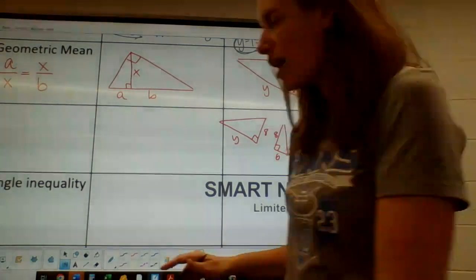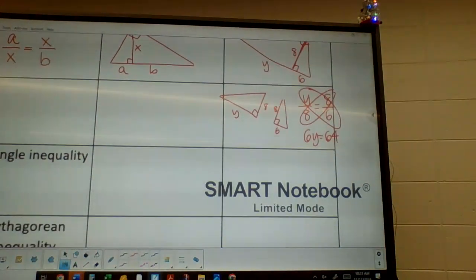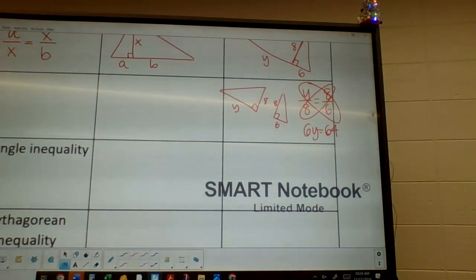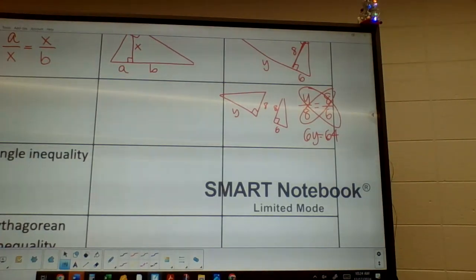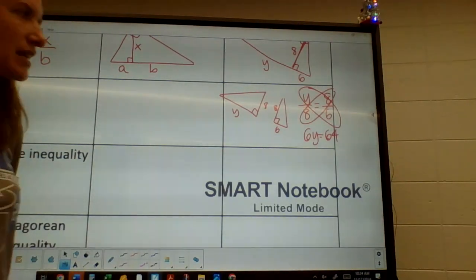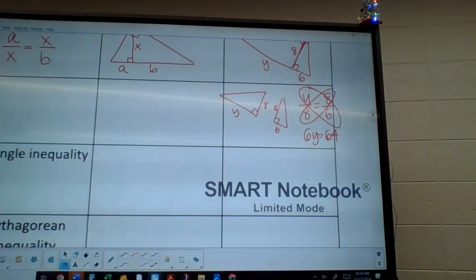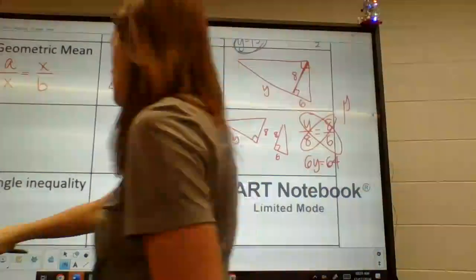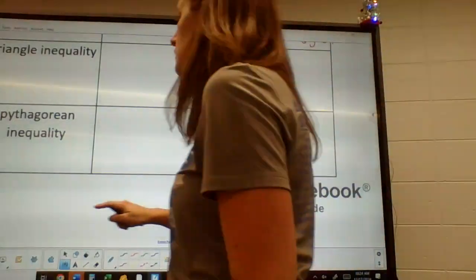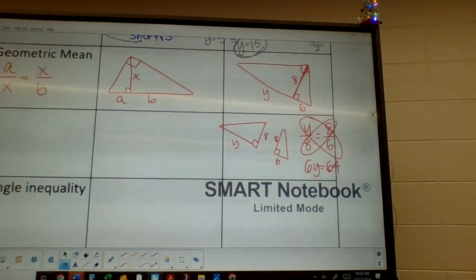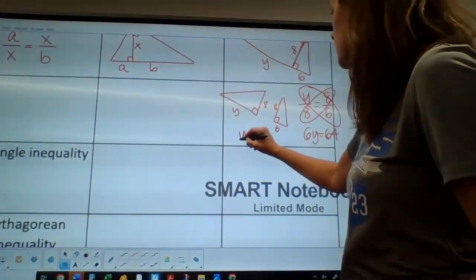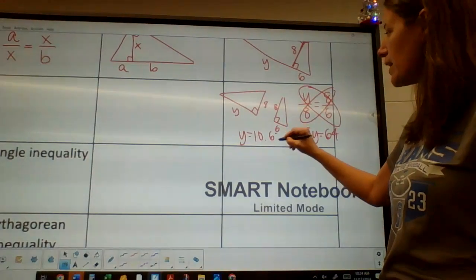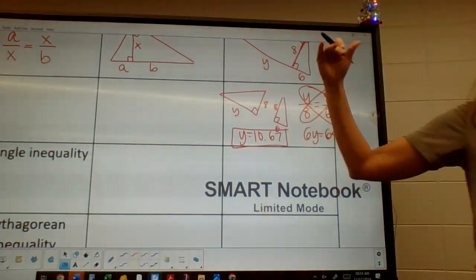Then we get to cross multiply, and we're able to solve for y because it's just a simple equation to solve. So I divide by 6, and I find out my y is 10.6 repeating, 10.67. Now in a problem like this, I could ask you to find some of the other sides.